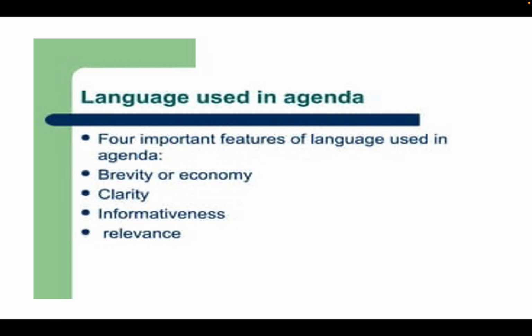And a formal language should be followed when you write an agenda, like review, proposal, revision, conduct, instead of writing like let's talk about salaries. So follow a formal tone when you write the agenda, and your agenda should not express opinions.